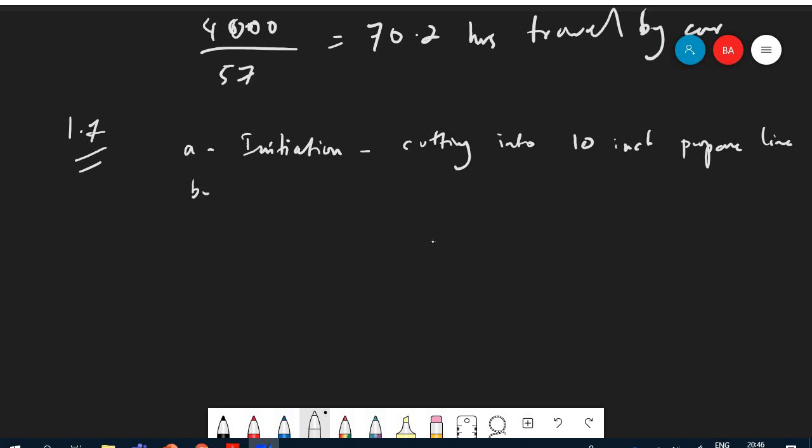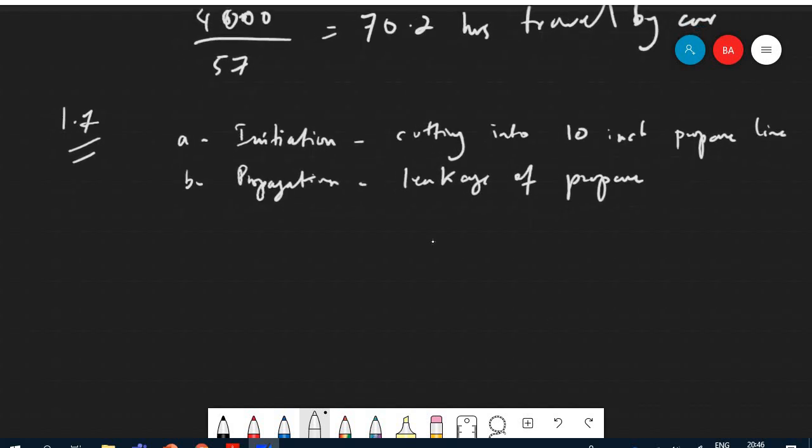What about propagation? Well, it propagated in several forms, where there was a leakage of propane, and then there was a formation of a vapor cloud, and then this vapor cloud ignited.